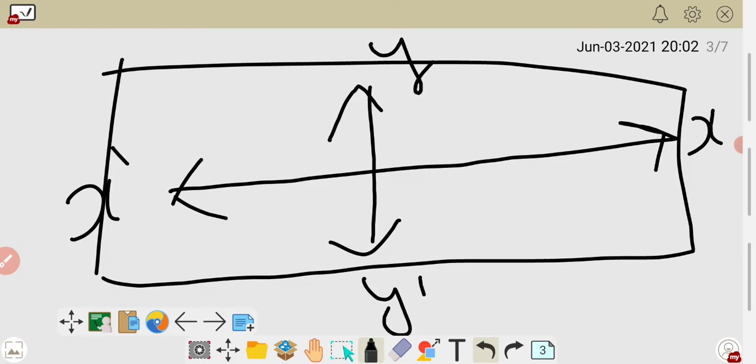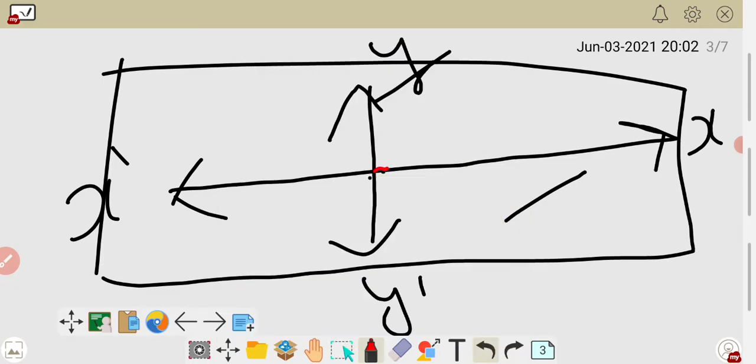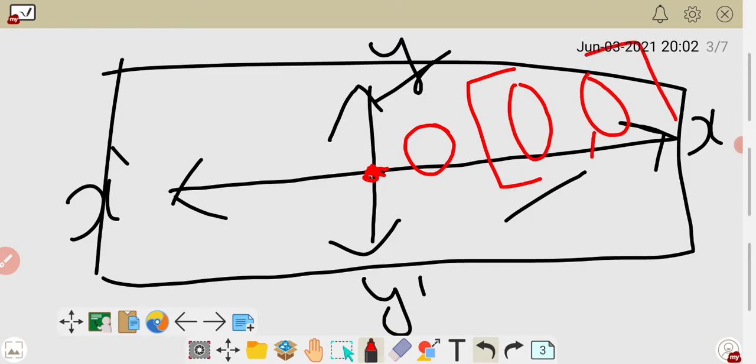The vertical line is known as the y-axis, and the intersection point of these two lines is known as the origin. The coordinate of the origin is always 0 comma 0.